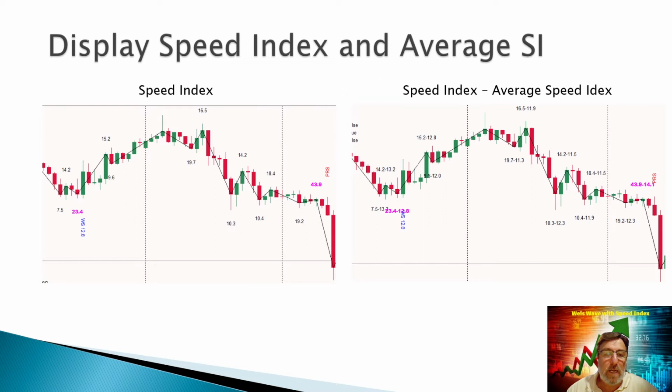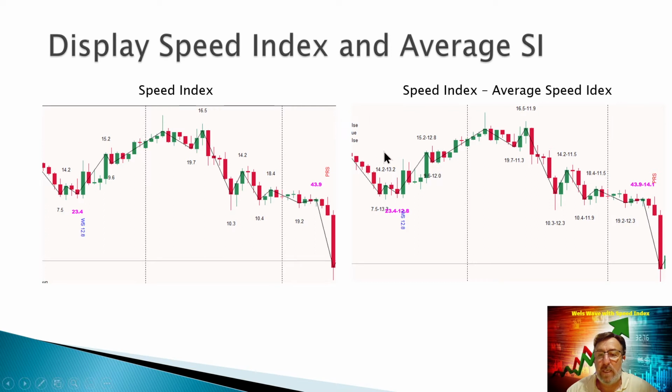Display speed index on the left, you will see that above or below its wave we are displaying just a number, which is the speed index number, okay, and any kind of signals. On the right side now you have the option to display both the speed index running plus the average speed index that you have already set up the indicator to calculate.